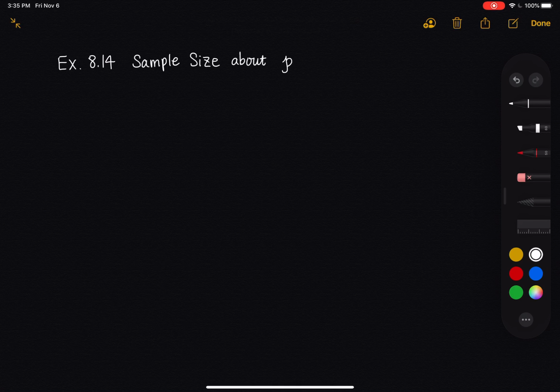So we want a sample size about the population proportion. Now the usual formula that you're going to get in the textbook, the sample size will equal z squared times p prime times q prime over EBP squared.